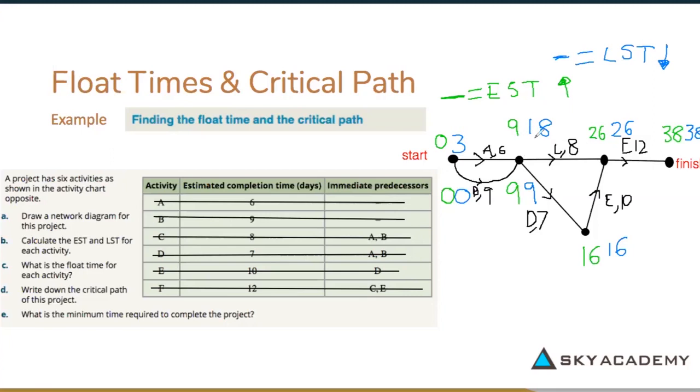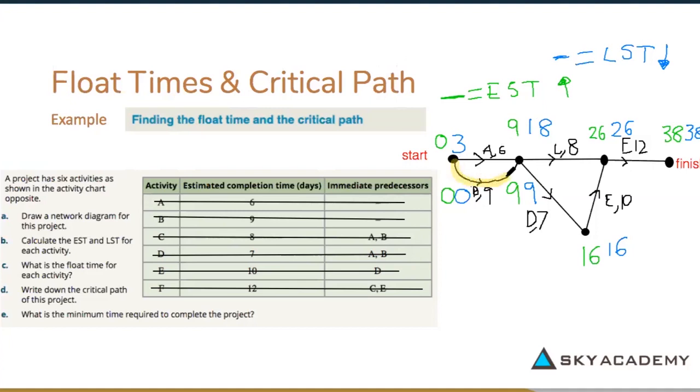Okay, so now we've done that, we can have a look and we can do our critical path. I'm going to do our critical path in yellow. And so if we have a look, 0 minus 0 is 0. 9 minus 9 is 0. So I can know that this line along here would be our critical path.